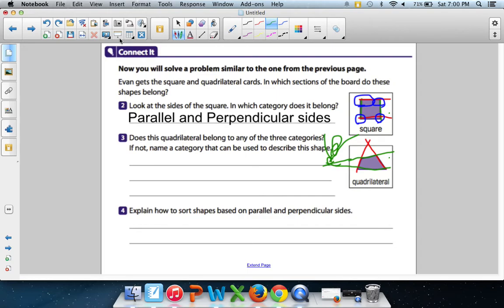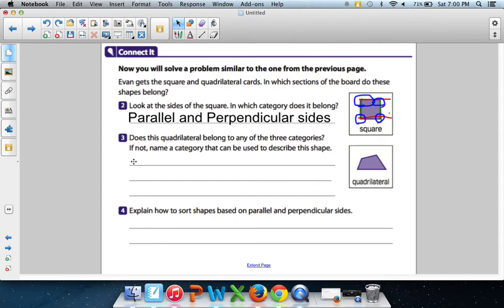It also doesn't have perpendicular lines. You know how I know that? Because I look at the shape and I say, there is no perfect right angle. They're all bent either forward or back. None of these are right angles. I mean, this one maybe, but no. It's not a right angle. So we need a new category.